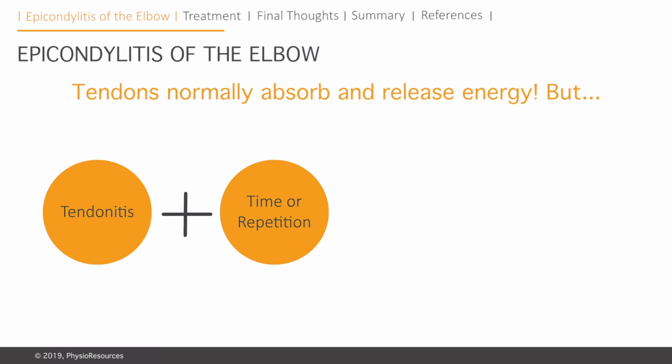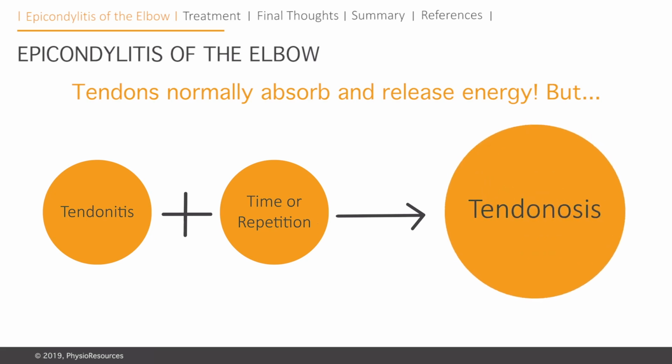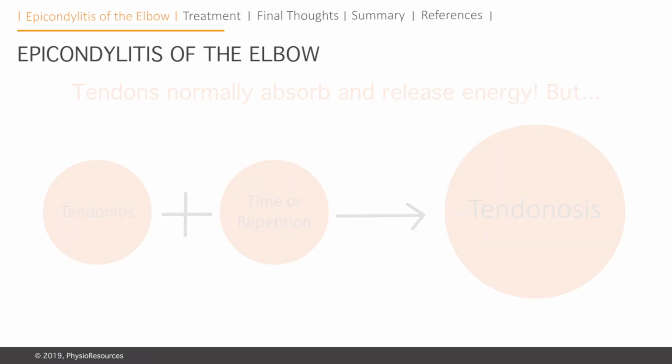Now, our old school model tells us if this inflammation is allowed to persist for long periods of time, this progresses to a more chronic condition known as tendinosis, which is characterized by a failed healing and chronic damage to the tendon at the cellular level.